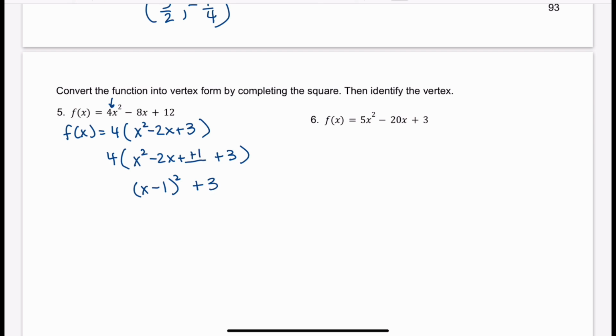And I'm going to bring down my plus 3, but all of this is multiplied by a 4. Now I added a 1 here, but because I have this 4 right here, it's on this side. If I distribute this 4 through all of these pieces, I'm really not adding a 1. I'm really adding a 4 to this side. So on the left side, I'm also going to add a 4.